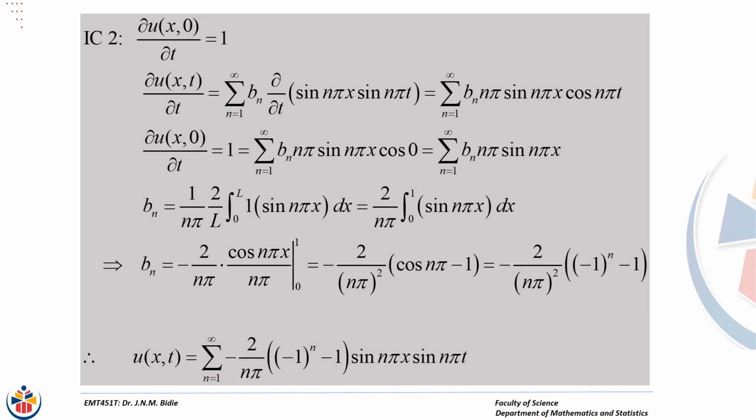Substituting now the second initial condition, which is du over dt when t is equal to 0 equal to 1.